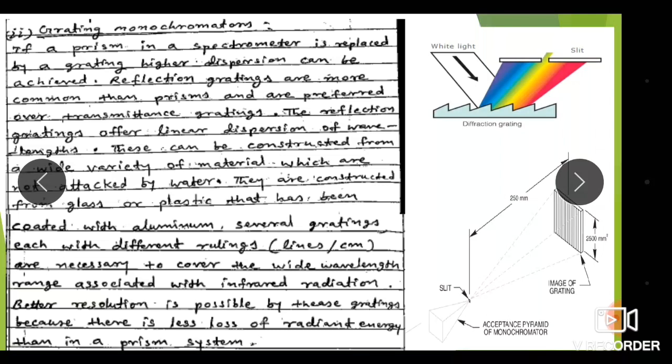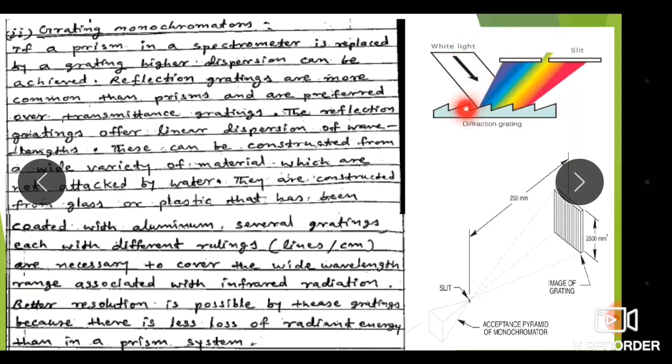Transmittance gratings are not feasible for the monochromator, but we can use the reflection grating. The reflection grating offers linear dispersion of wavelength, so we get linear dispersion with the help of the reflection grating.